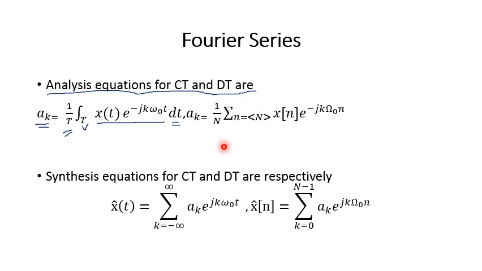I hope you understand, right? Similarly, this is the synthesis equation. Synthesis means that you combine the individual parts to make something whole. This is for the continuous time case, and this is for the discrete time case.